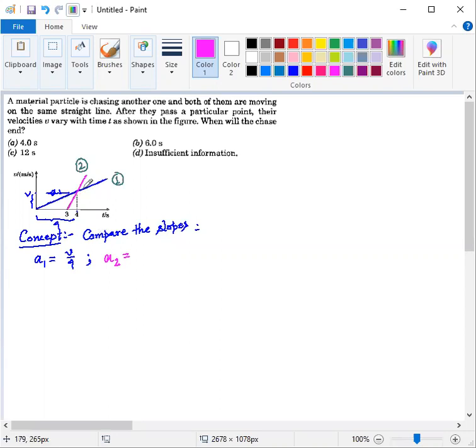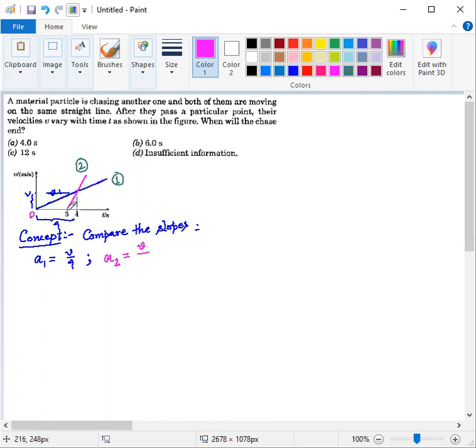The height is the same as for a1, so a2 equals v divided by the change in time. For the first particle, the time changes from 0 to 4, so the change is 4.